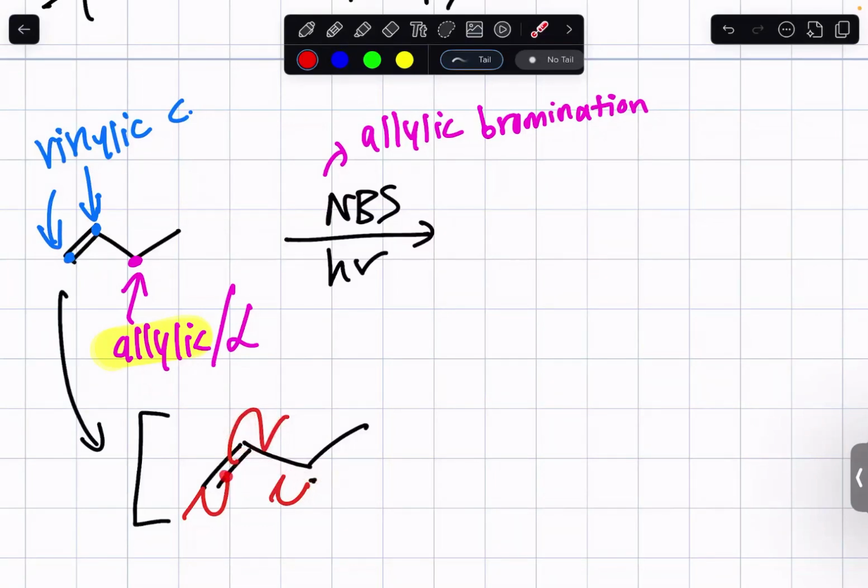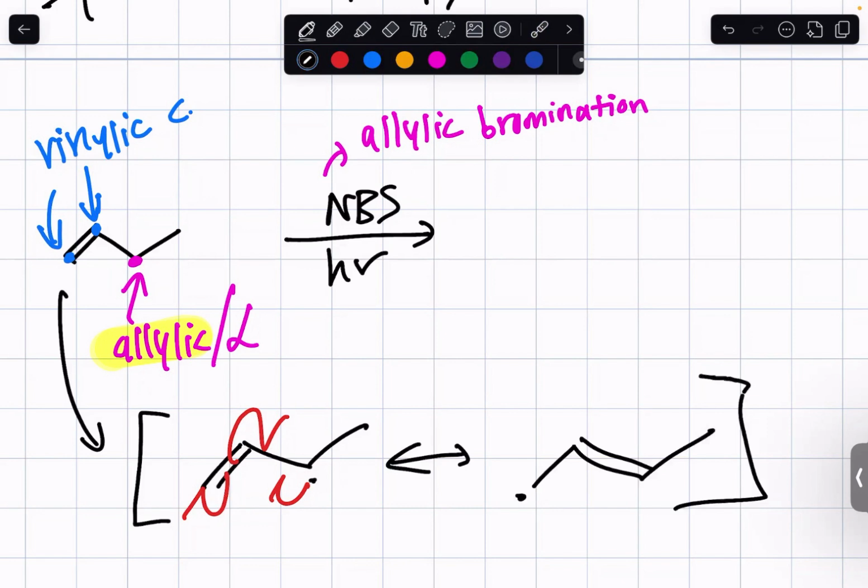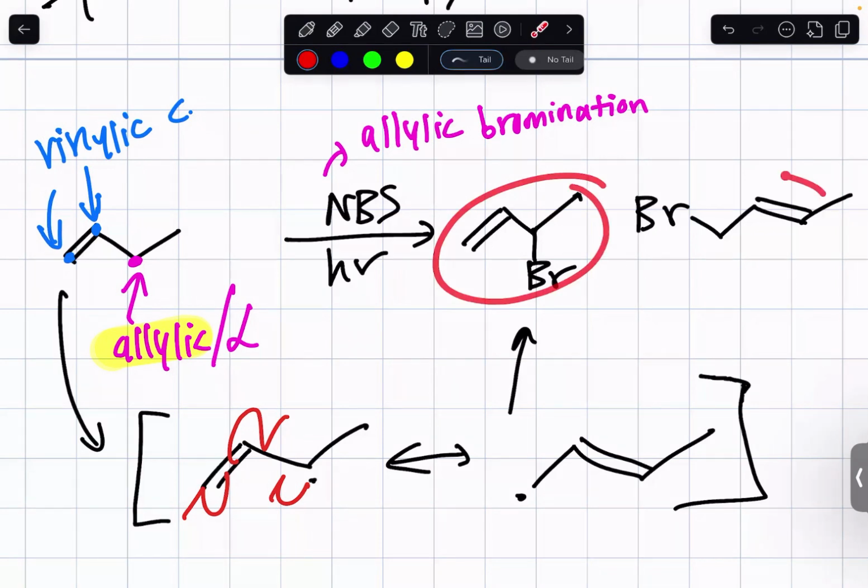That means the other electron is going to make a radical on the other carbon, giving us this resonance structure. Once you have that, wherever your radical is, just attach the bromine right there to get your final product. These are your 2 final products for NBS. So that's the quick way to predict the product.